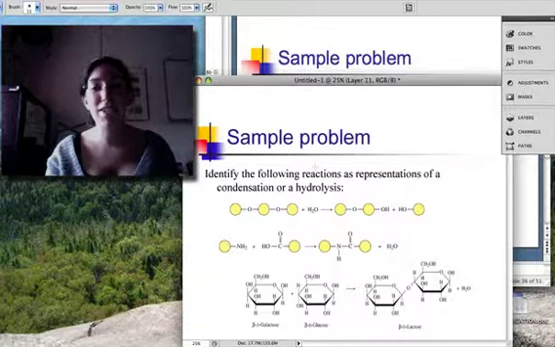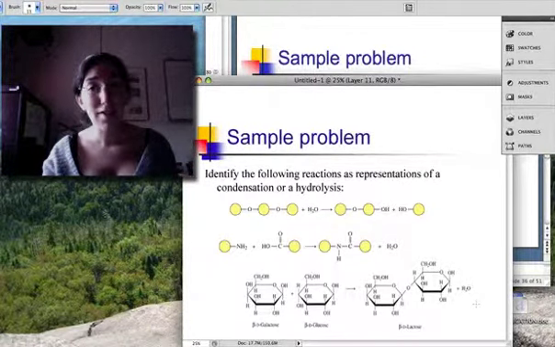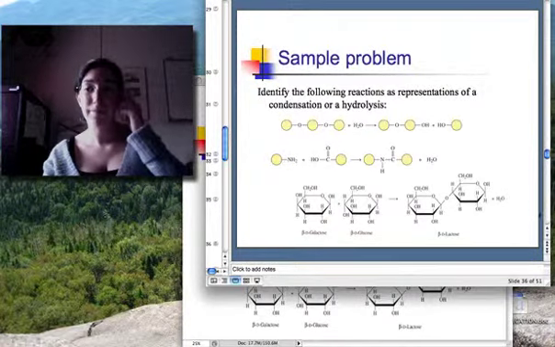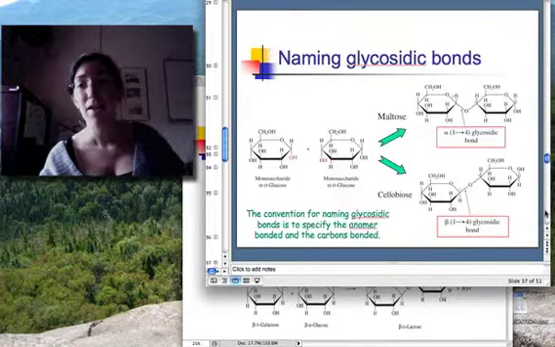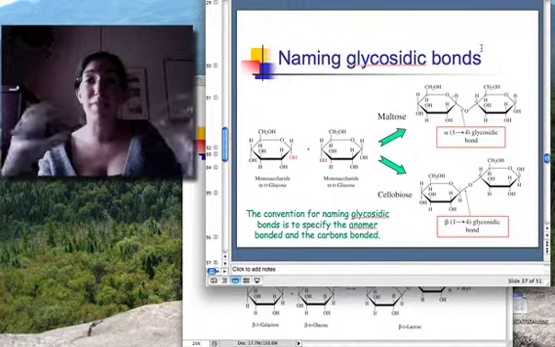When you're doing condensation or hydrolysis reactions, look for water. If it's on the left side of the equation, it's a reactant, and therefore you have a hydrolysis reaction. If it's on the right side of the equation, it's a product, and that would be a condensation reaction.